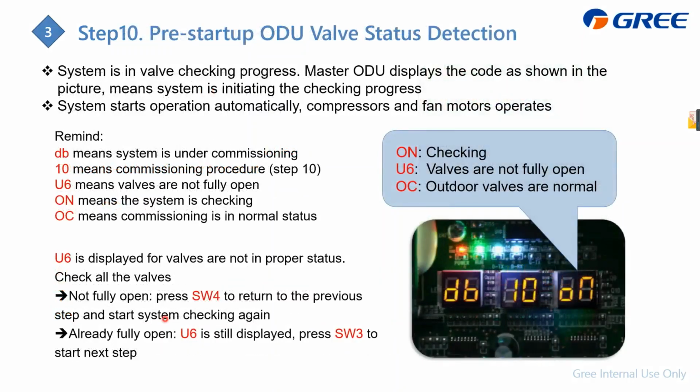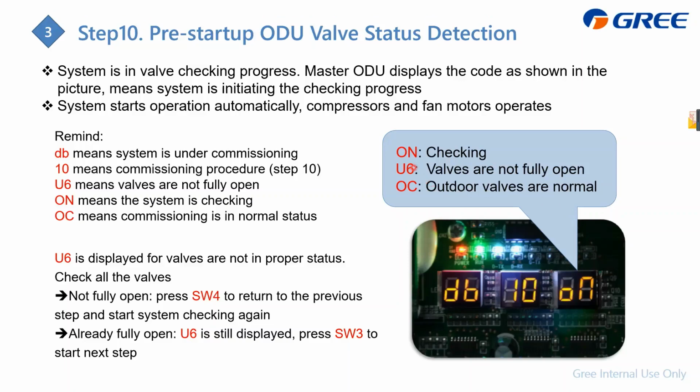In step 10, you can hear the unit startup. You can hear the noise of startup because it should detect whether the valves of the outdoor unit are fully open or not. For example, if it displays ON, it means it's checking now, just wait.